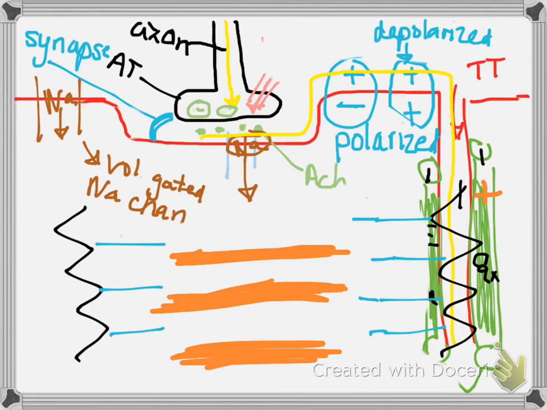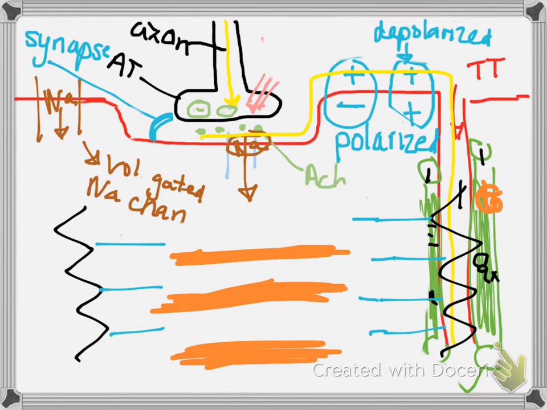So, what ion comes out of the sarcoplasmic reticulum? Calcium. Okay? I'm going to pause this for a second. So, in the green, in the sarcoplasmic reticulum, which I just made a little X over here, that's where calcium is stored.